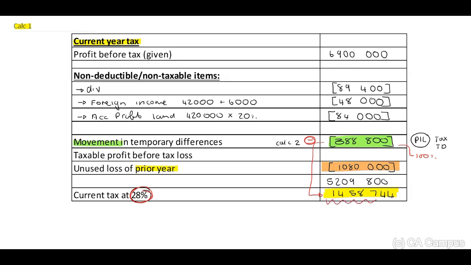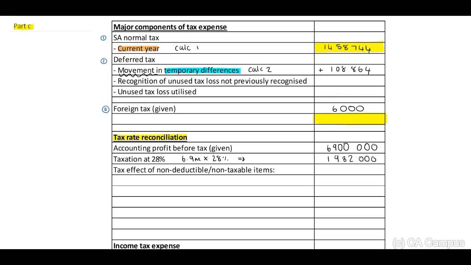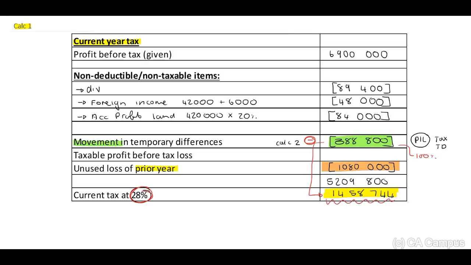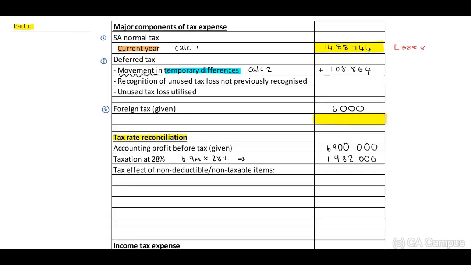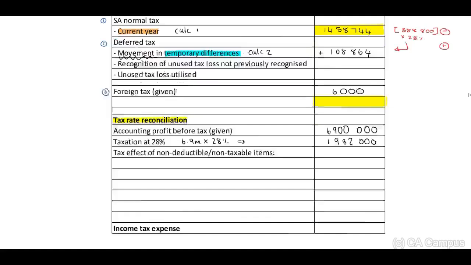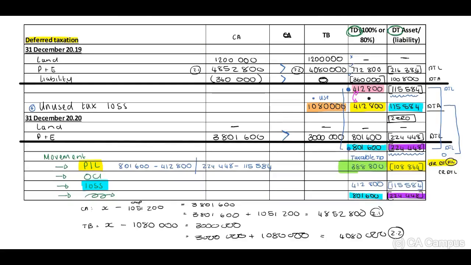And this 145,874 is included, guys, minus the 388,800 times 28%, which is the 108,864. Therefore, the net effect of a minus and a plus is 0. You see this, guys? That line item in terms of our deferred tax will only be included as a total here, the 224,448 in our statement of financial position.